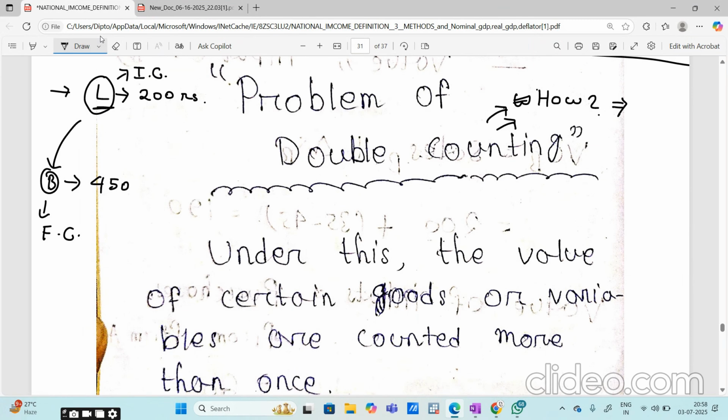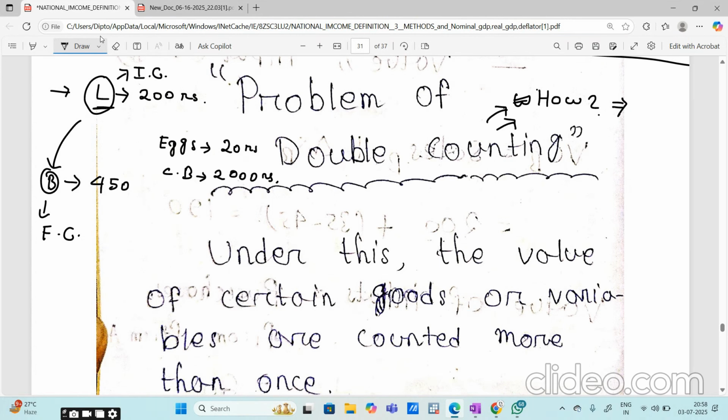Suppose there are eggs worth 20 rupees. Suppose there is a cricket bat worth 2000 rupees, and we assume that there are only these things in the economy.